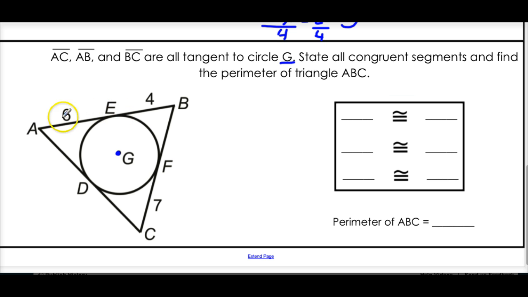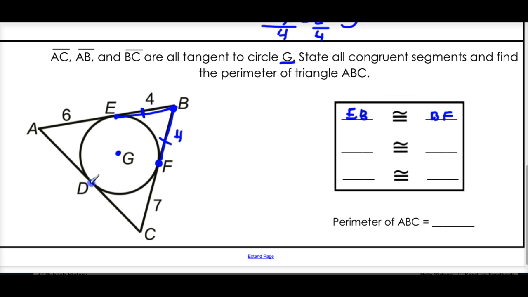If you look here, we actually have like three of these princess hats. Our first one would be right here, EB and BF, right? These are both tangents drawn from a common point. So we would say that EB is congruent to BF. So this would also be 4.